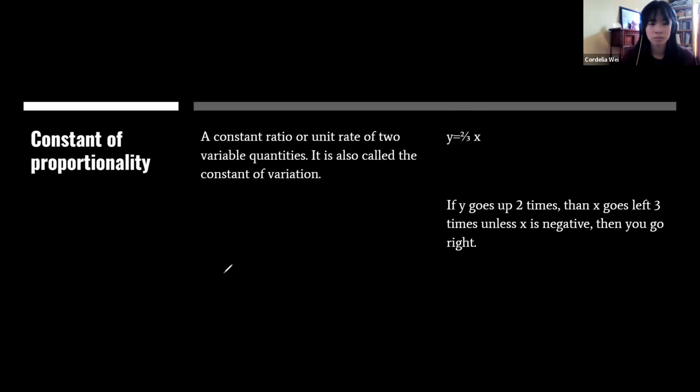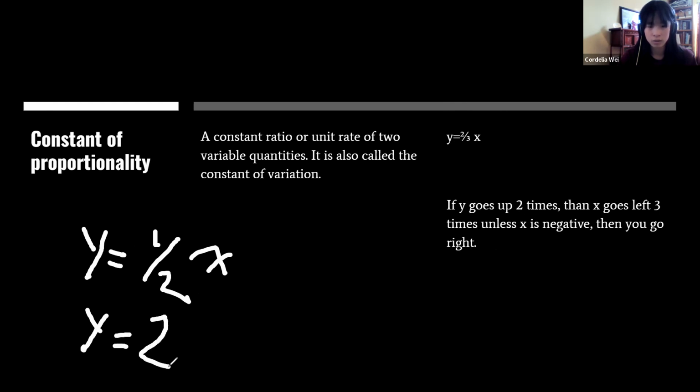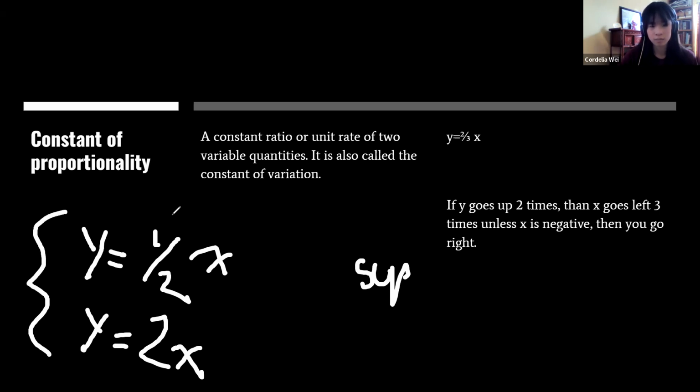So a constant of proportionality could be like y equals 1/2 x, or it could be like y equals 2x. So can you write right now? Like annotate? Okay. Can you write me a constant of proportionality like these?